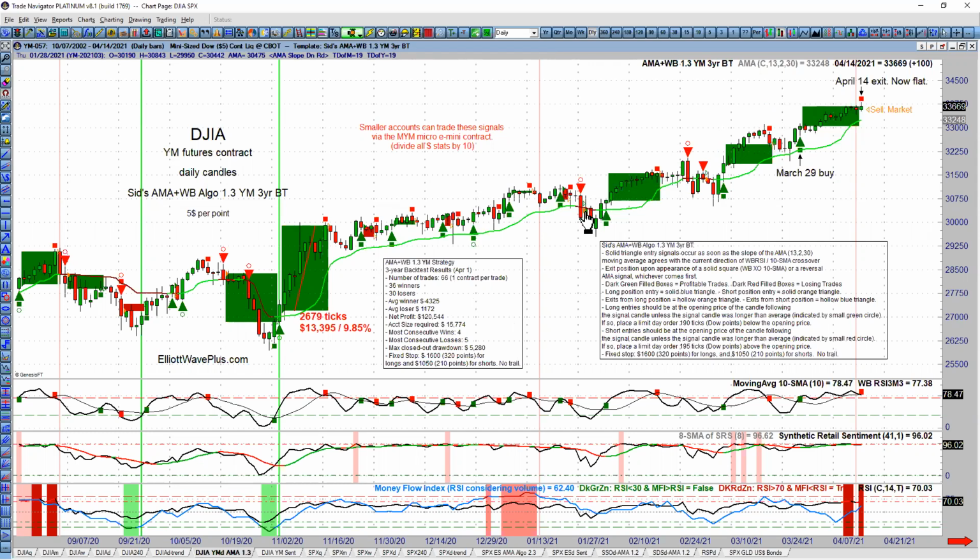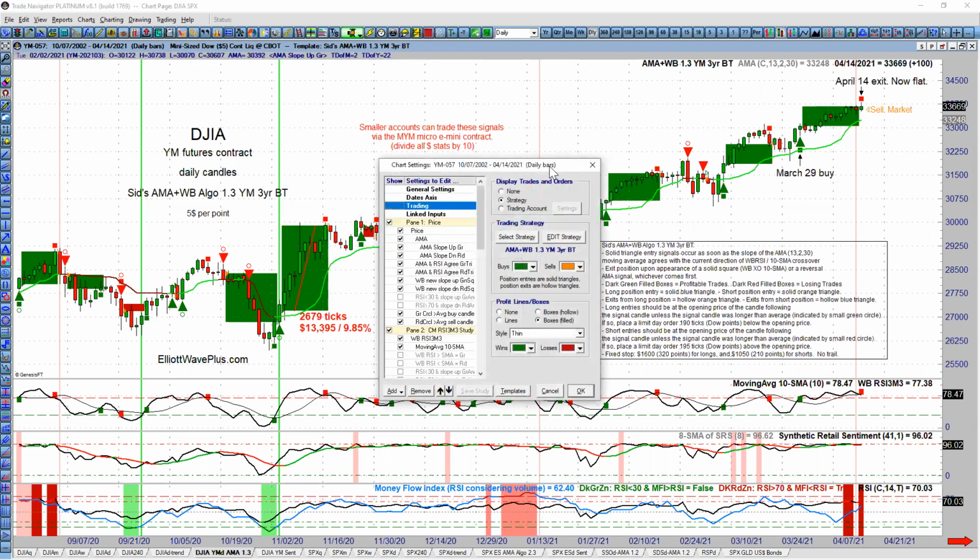There was one that was stopped out later in the day after it entered the trade. This is a nice size winner. This looks like a loser here, got stopped out. A winner, winner.